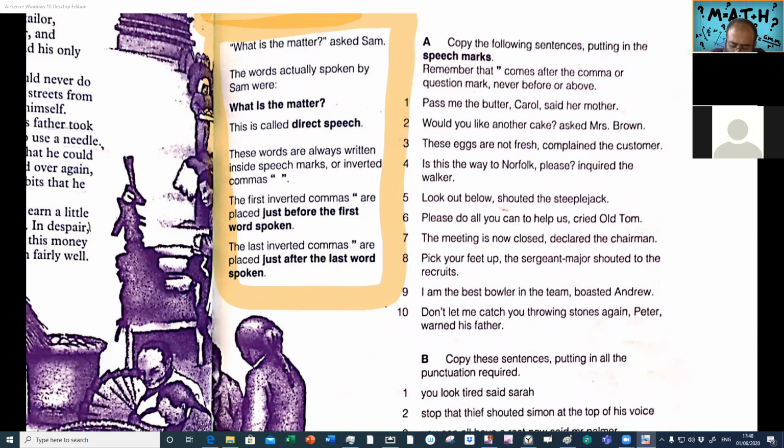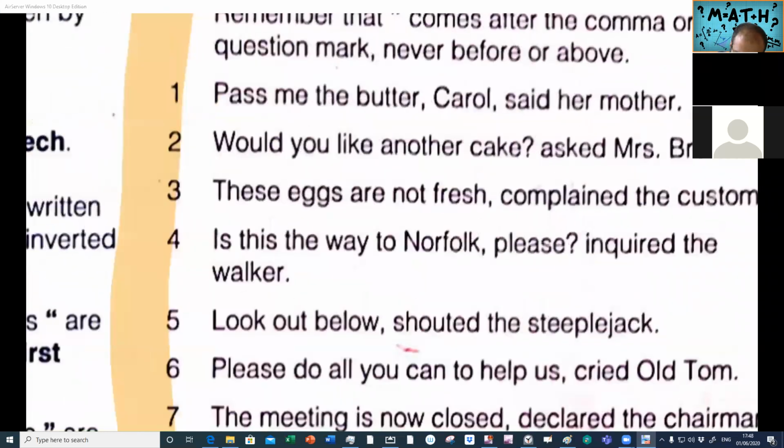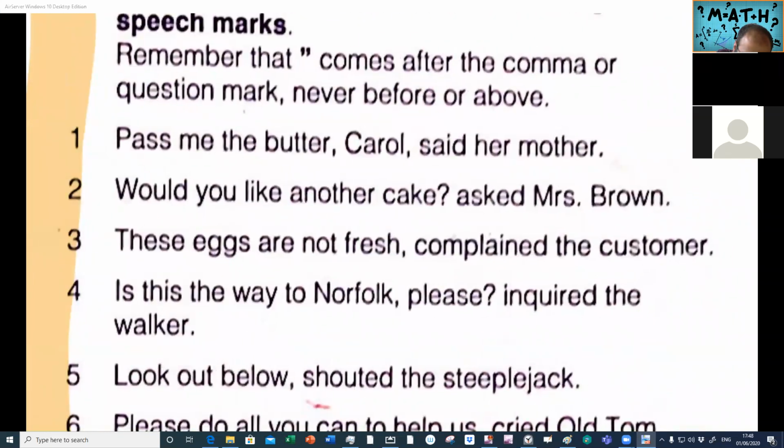It says, "Pass me the butter," Carol said her mother. So let's have a look. Let's start putting our 66s and our 99s in there. So the speech starts here, so we start with the 66. "Pass me the butter." The comma stands for pause. Carol's being called. And then if the speech finishes here, we put a 99 here.